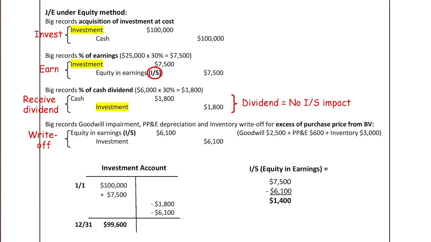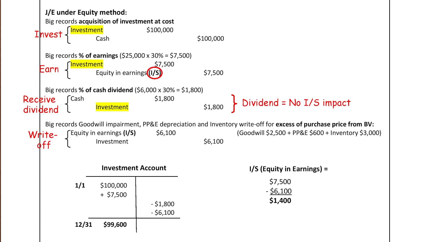So let's look at all four of them. So the higher fair value attributable for land is $20,000. 30% of that is $6,000. Now the value of land remains unchanged during the year. So there's no impact, there's no write-off.